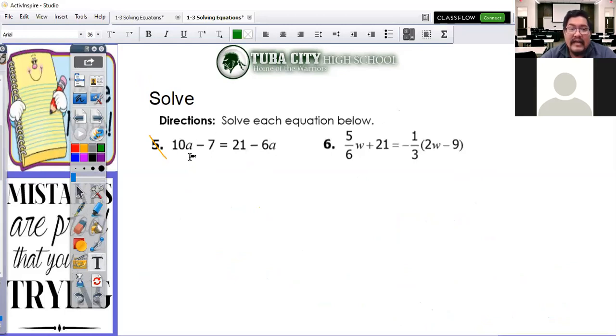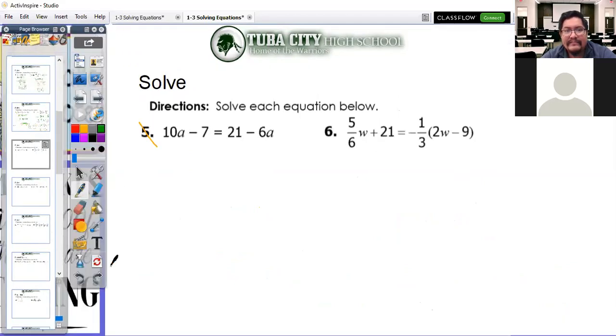On this one here, we have a variable on both sides. So what do we do if there is a variable on both sides? Well, we got to pick one side for the variable to go on. We don't have any distribution, and we don't need to simplify both sides because there are no like terms. On this side, I have one regular number and one variable term.